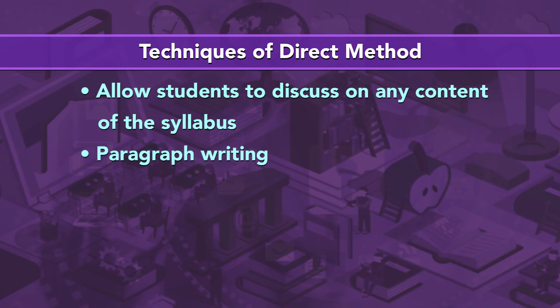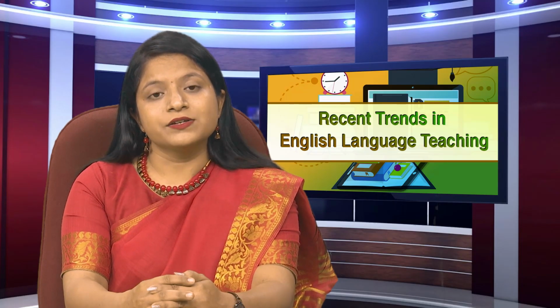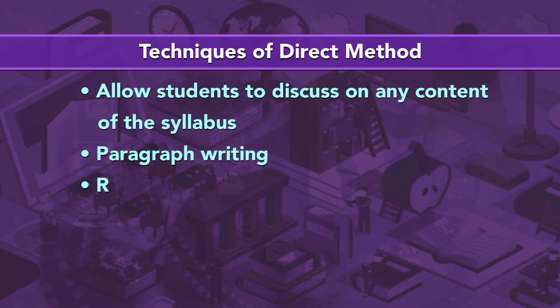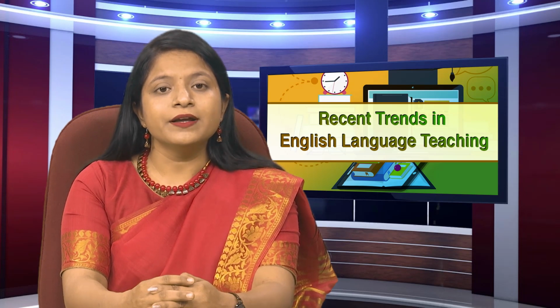Even paragraph writing is a very creative task. The teacher can ask learners to write a paragraph and read aloud to improve pronunciation. Yes, here we can say that the direct method helps learners improve their pronunciation.